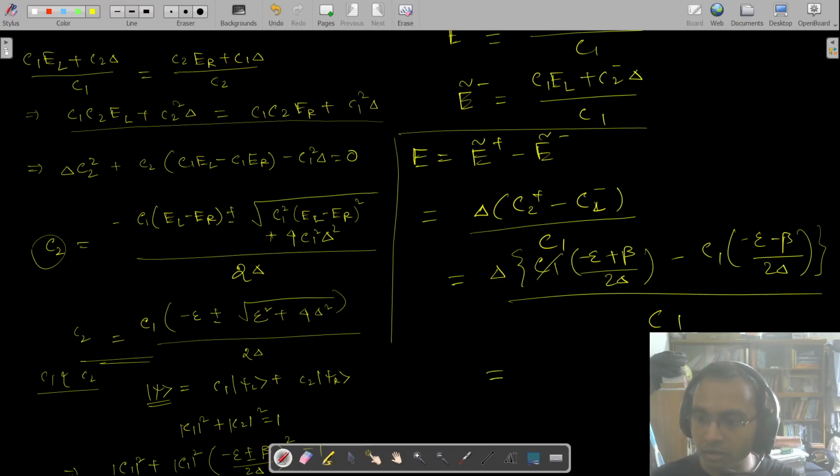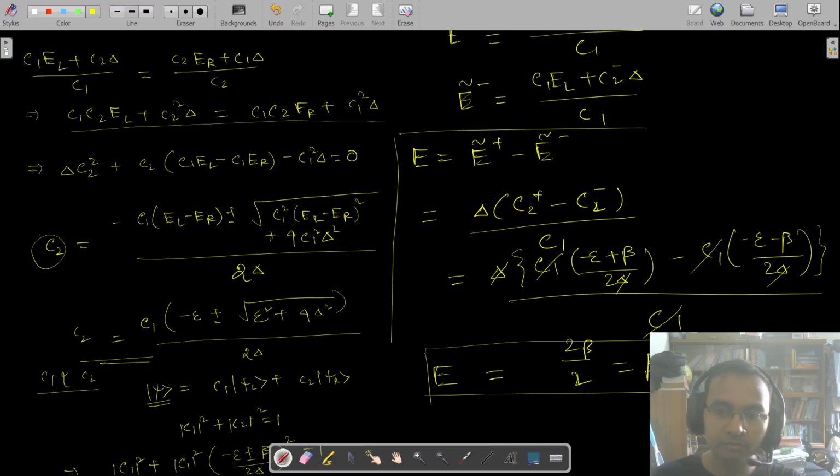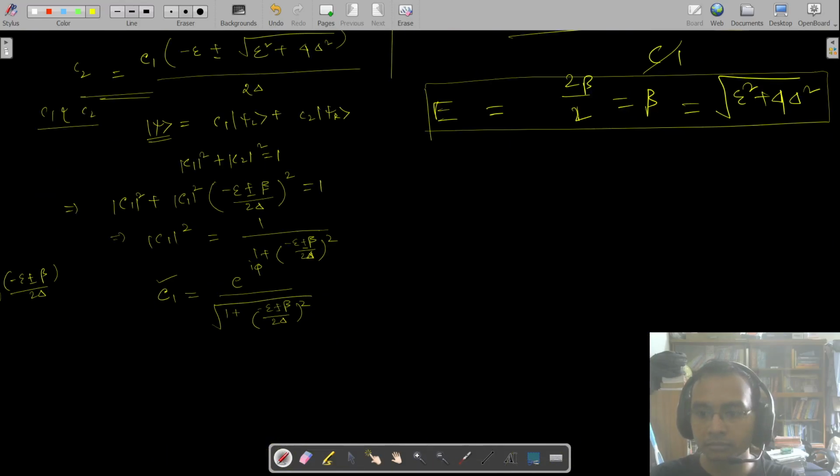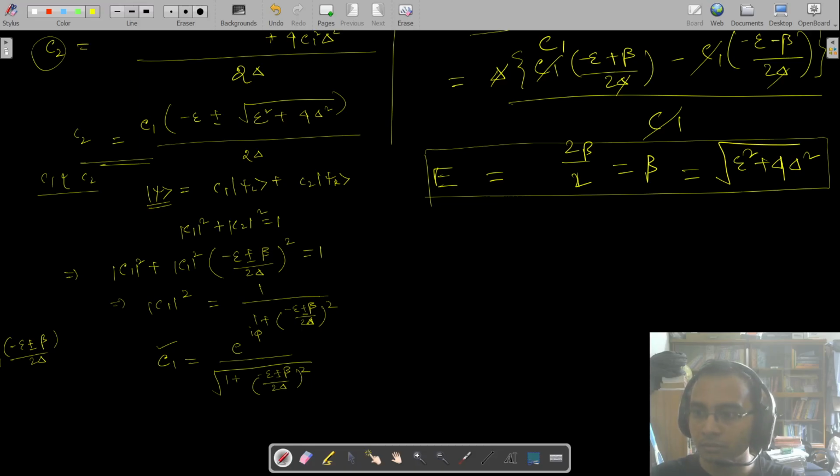Now C1 goes away. This delta goes away, and what we are left with is 2 beta by 2, which is basically beta. So basically this thing. So energy splitting is given by epsilon root over epsilon square plus 4 delta square. Right?